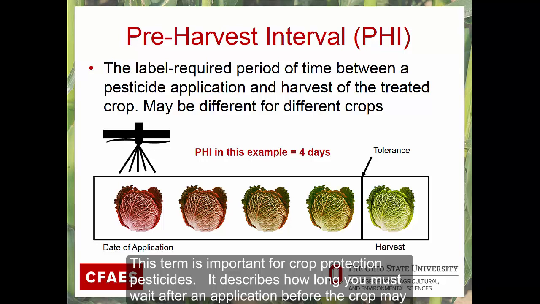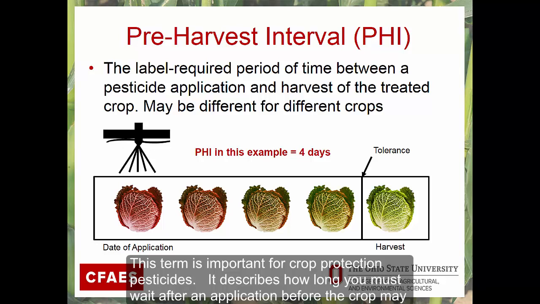This is important because it protects the people who harvest the crop. Pesticides break down over time, especially in sunlight. So after 4 days, the example in this slide, there will be less pesticide residue on those crops than there was right after the application.